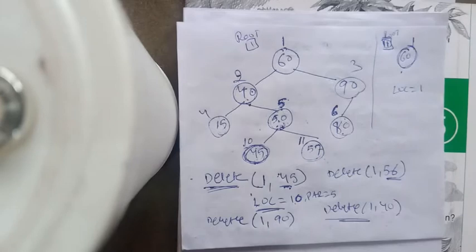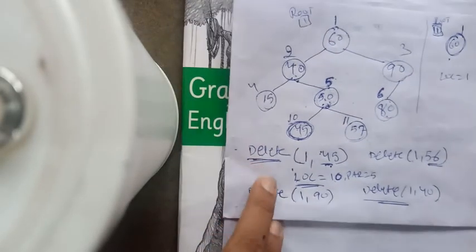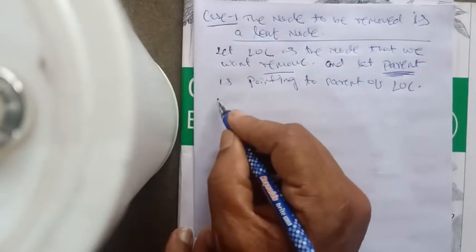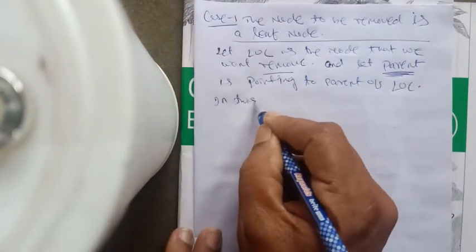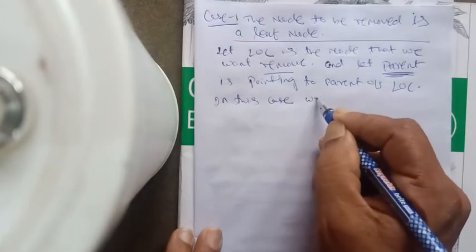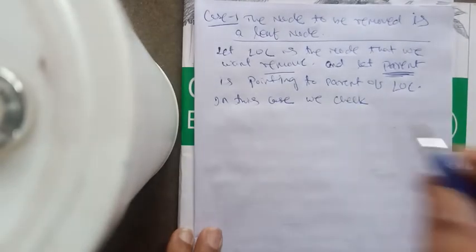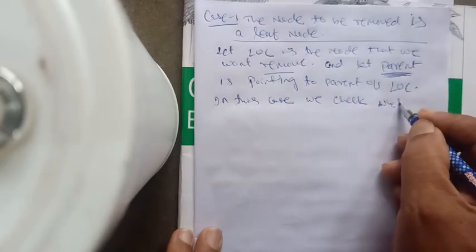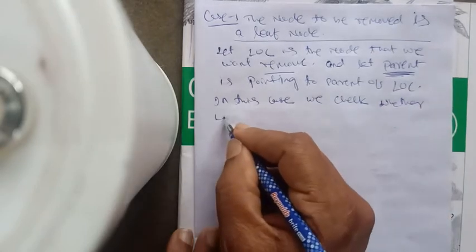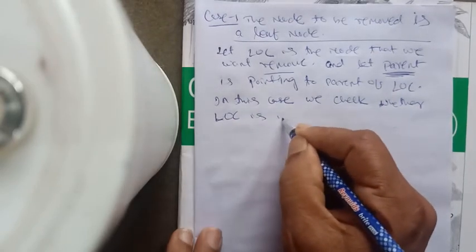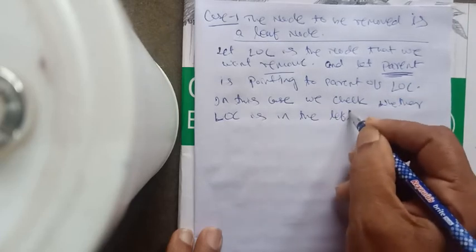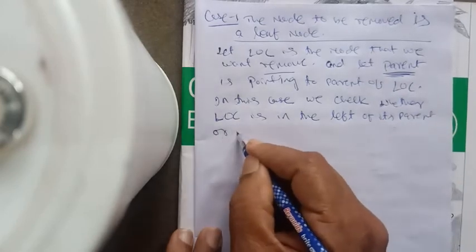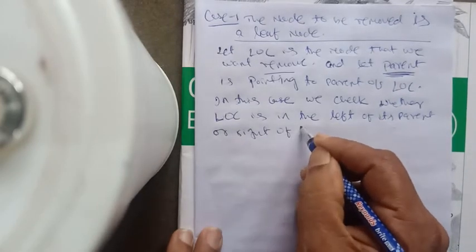So these are the things that you should remember. Now what you should do in this case is simply check whether LOC is in the left of its parent or right of its parent.